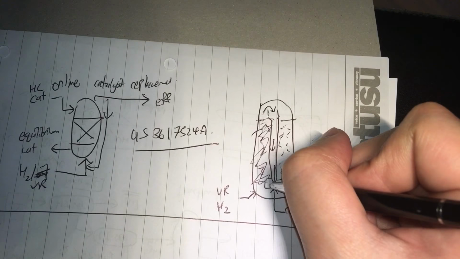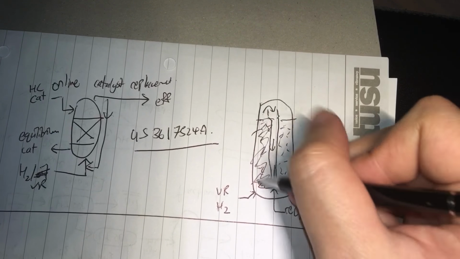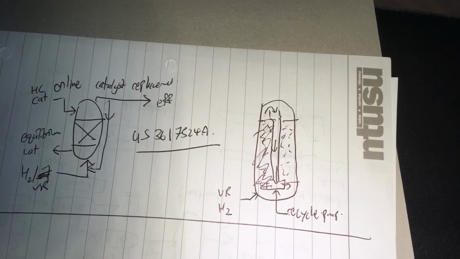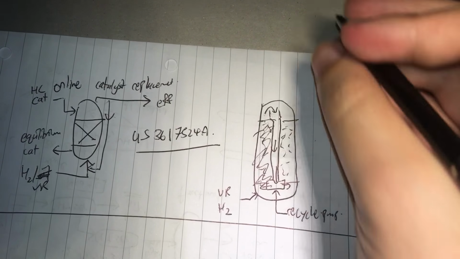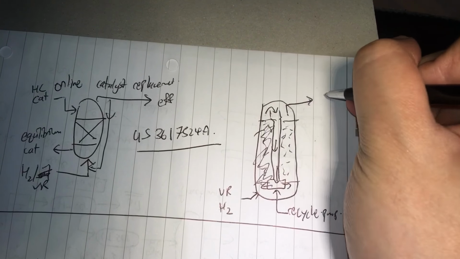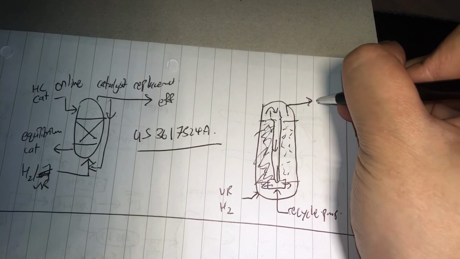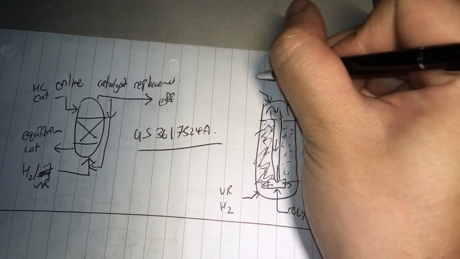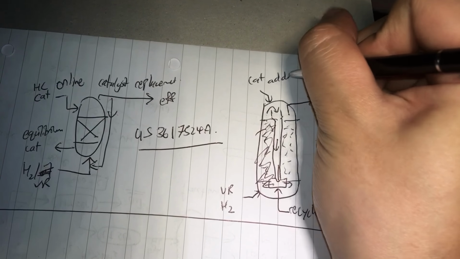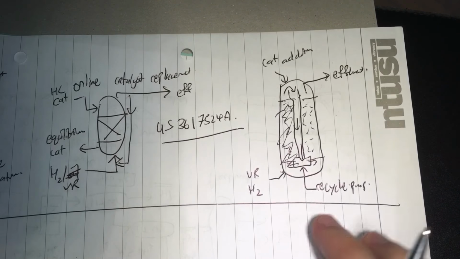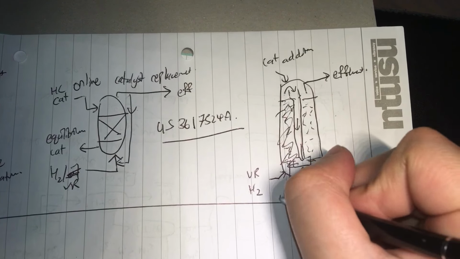It gets pumped back down to the bottom so that the flow over here can increase, so that the bubbling, the ebullition, the Ebullated Bed Reactor can continue. So the effluent, I mean the products of this reactor, can be extracted through here. And of course you can put in catalyst addition here, and you can take out the catalyst from here.